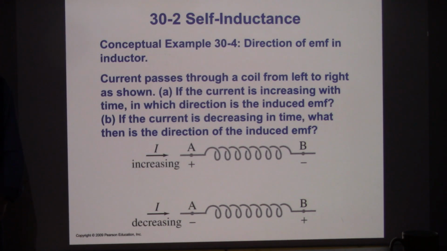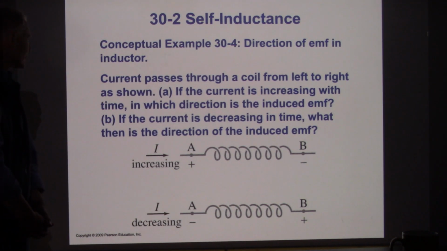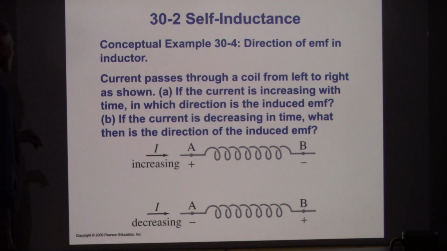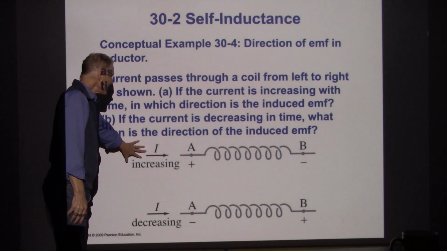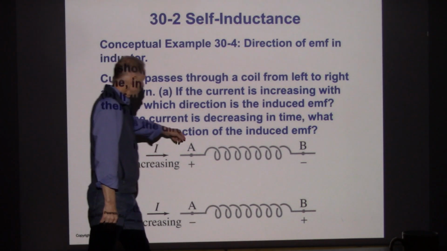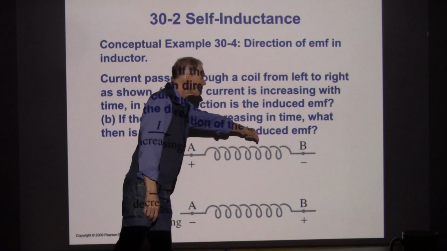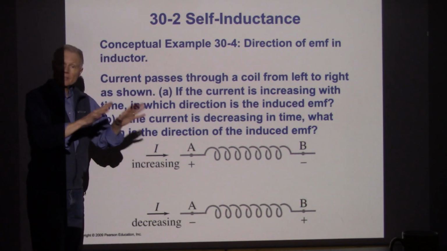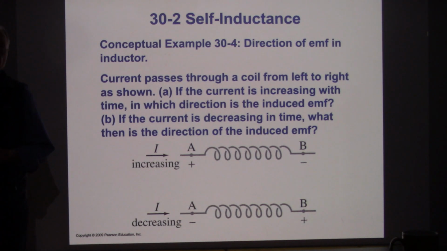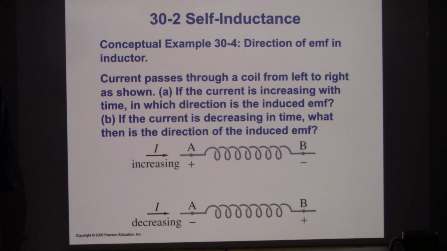They're a little reactionary. If they see things changing, they work to moderate those changes so they don't happen too rapidly. And so if the current is increasing, we'll have a voltage drop across the inductor. These EMFs that are being generated create effectively a voltage drop.